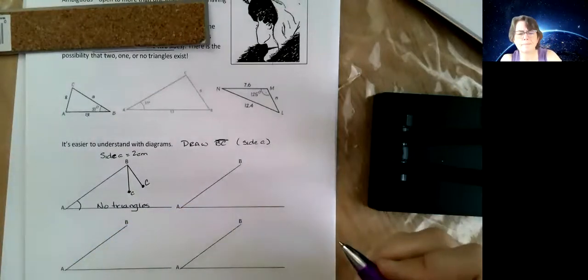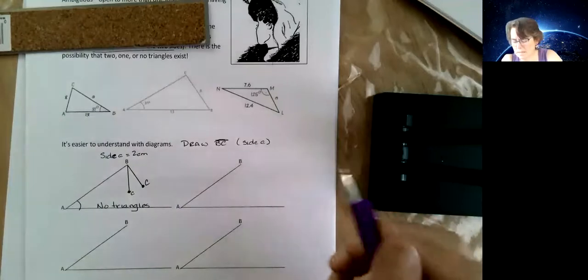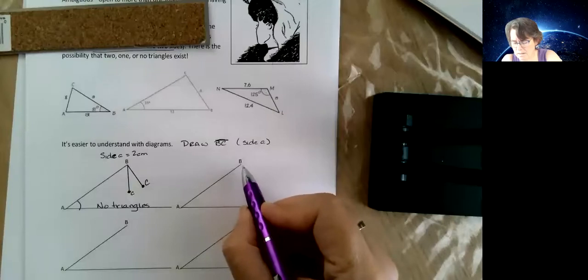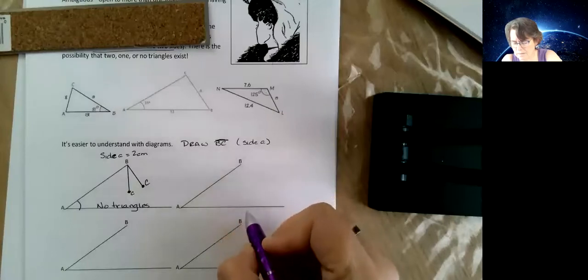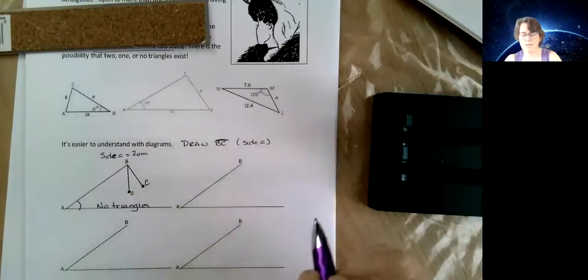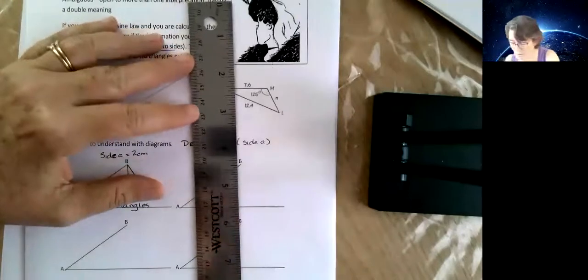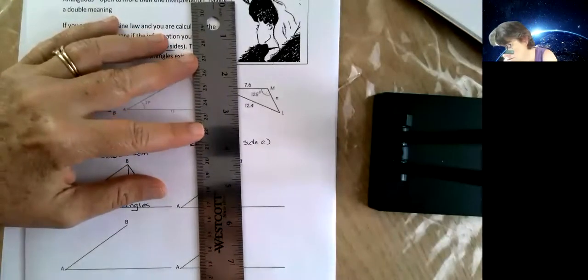Well, what is going to be the shortest distance from B down this way so that we actually do get a triangle? Yeah, you guys know. The shortest distance between two points is a straight line.